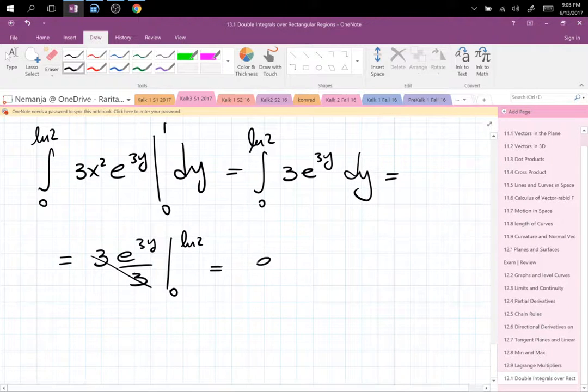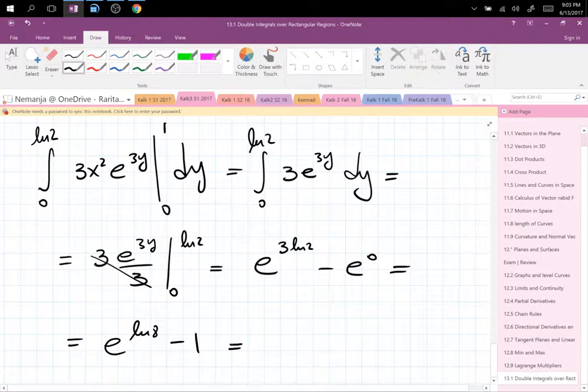So this is going to be e to the 3 ln 2 minus e to the 0. 3 goes inside the ln as the exponent, so 2 cubed is 8. E and ln cancel, and we get 7.